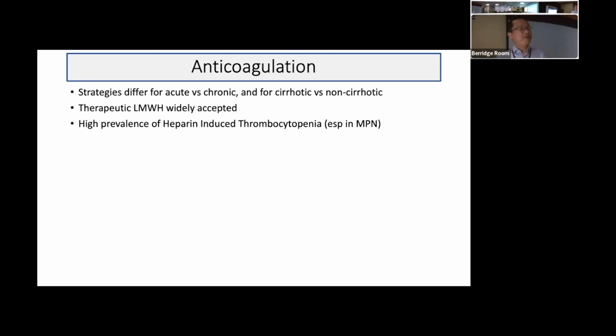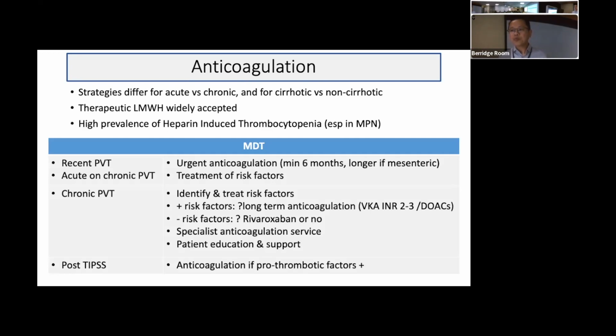So therefore, the more heparin you give, the more thrombocytopenia they're going to have, and therefore they may present with more bleeding. And it is quite difficult to treat. On one hand, you want to treat the clot. On the other hand, the more heparin you give, it causes bleeding. So there is a balance you have to consider.